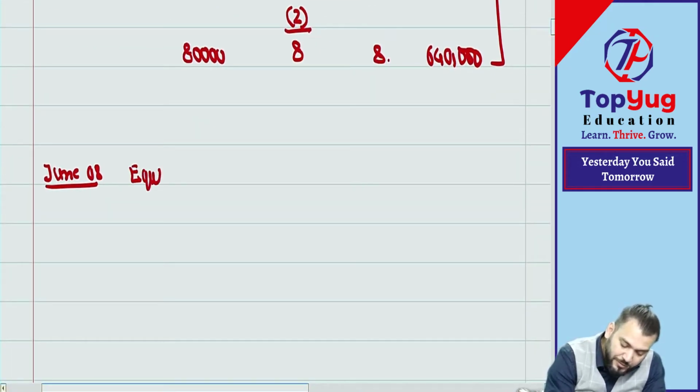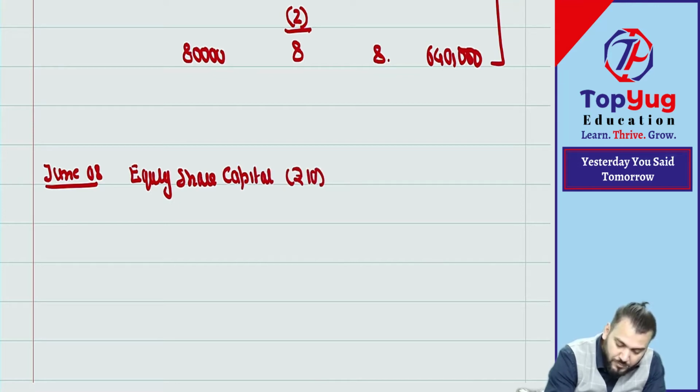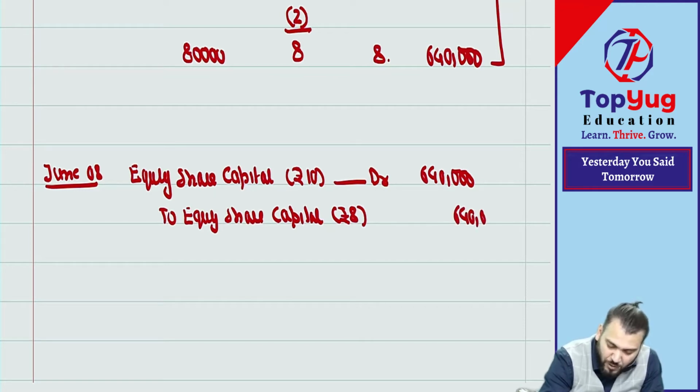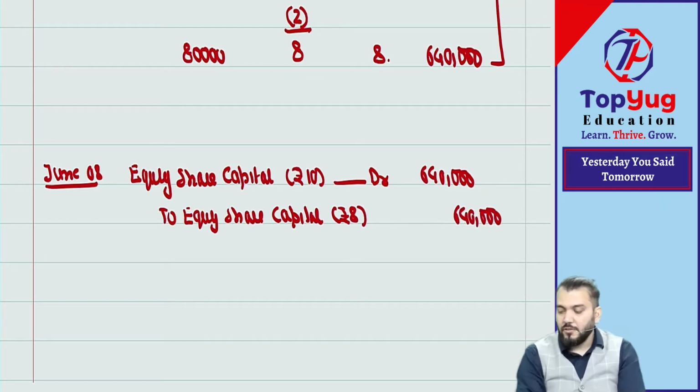Equity share capital rupees 10 account debit 6,40,000, to equity share capital rupees what? 8, 6,40,000.